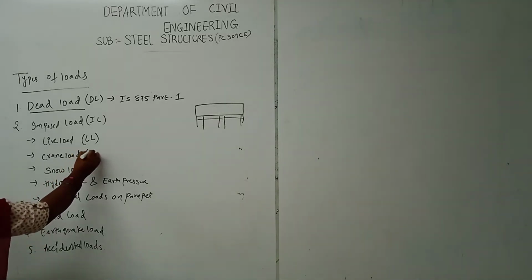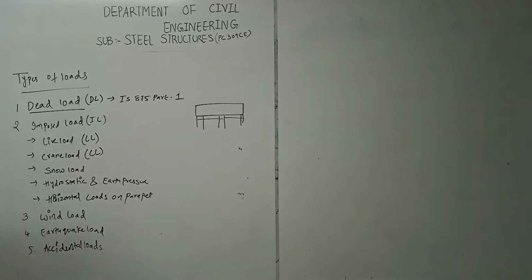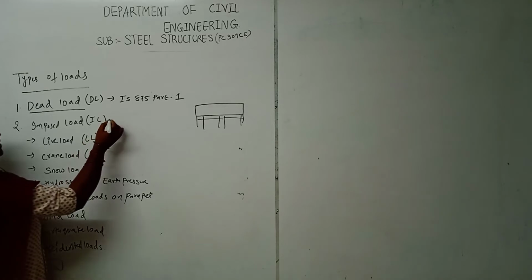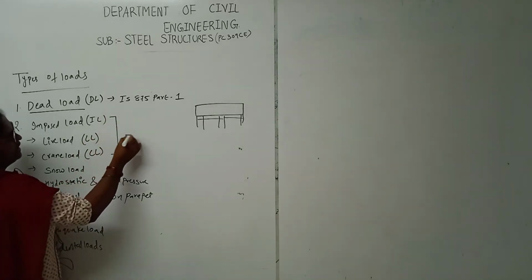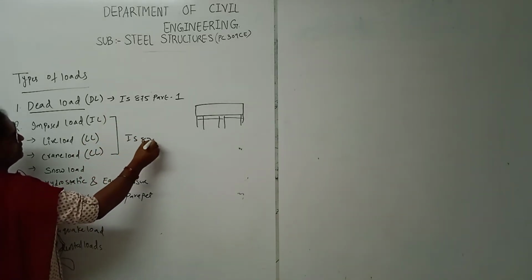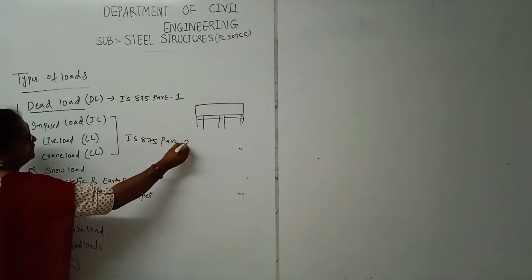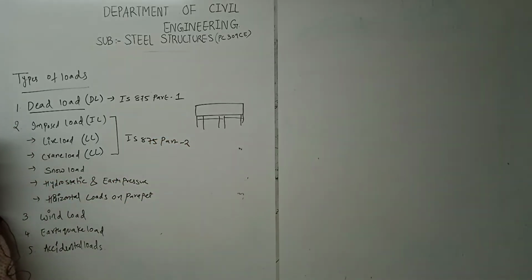That is known as your live load. Crane load, where do you find this type of crane loads? When heavy structures are there, like in high-tech city, where the number of stories is more than 30, there you can find cranes. The crane load, all of this you can find in IS 875 part 2, in that code book.